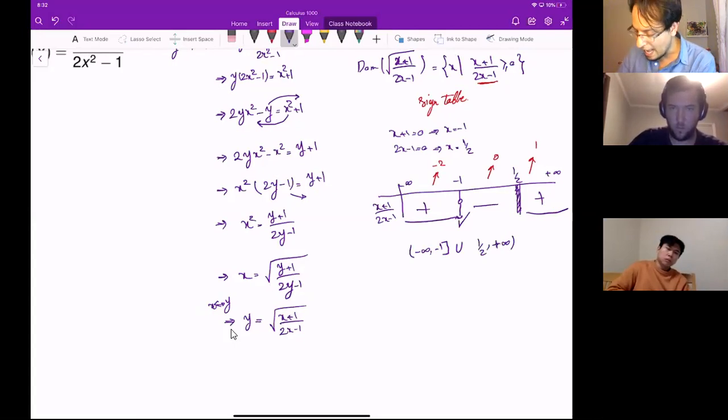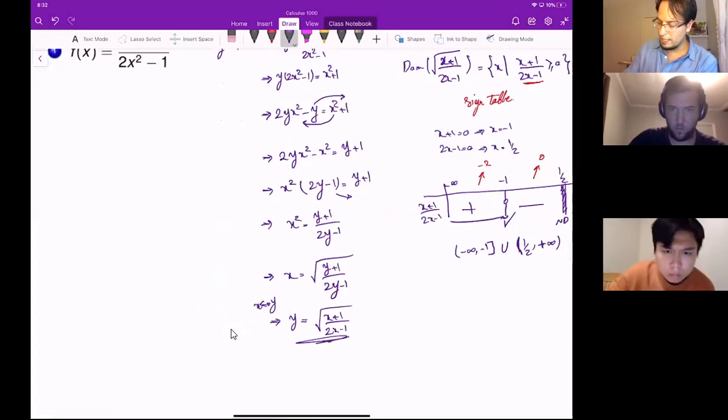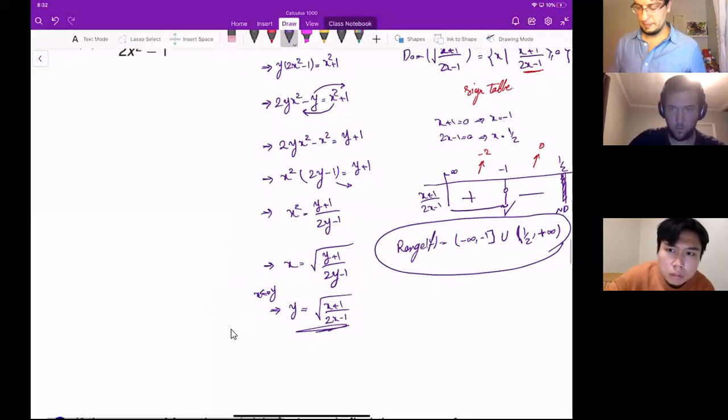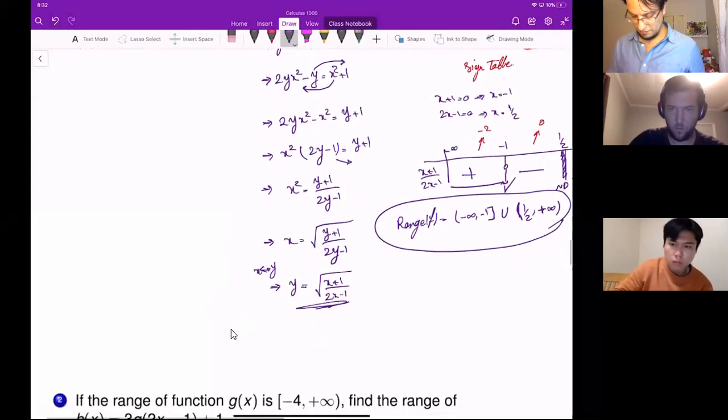Well, at half, the function is not defined, so I cannot include it. That's the domain of this guy, but we know that the domain of that is going to be the range of our original function. So this is what we found there. Okay? Does it make sense?